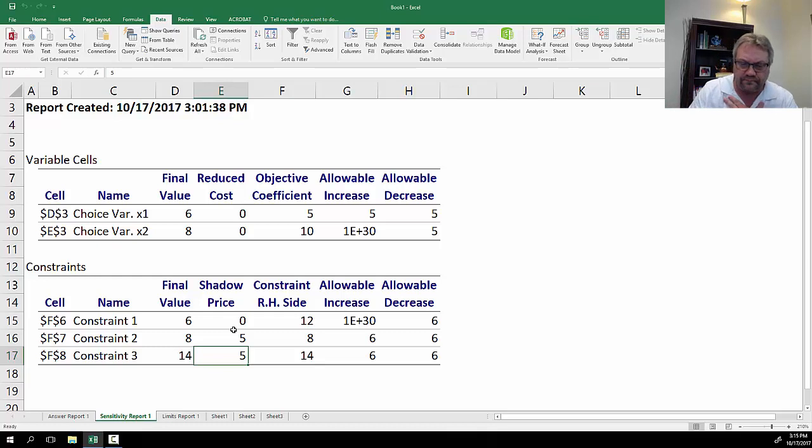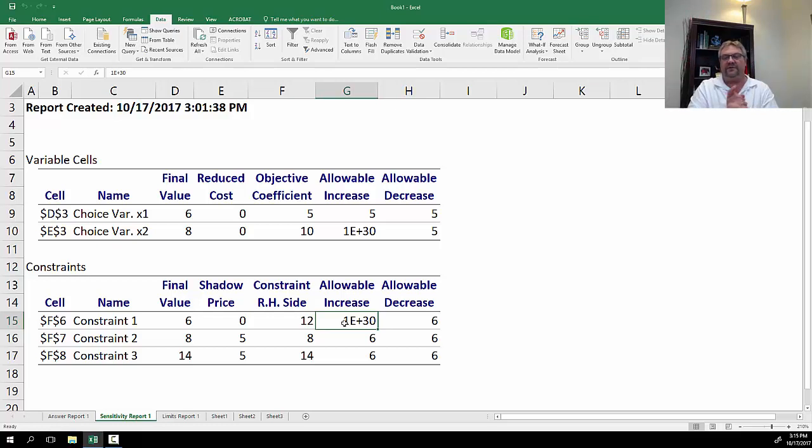All right? And then finally, we have these allowable increases and allowable decreases. What this is telling us is that, for this first constraint, I can increase the first constraint by an infinite amount, right? 10 to the power of 30 is a big number.